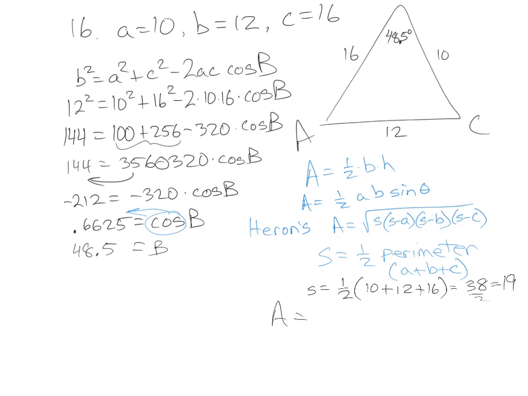Half of 38 is 19. Don't forget to take half. So now you put it into your area formula, the square root of 19 times 19 minus little a, which is 10, 19 minus little b, which is 12, and 19 minus little c, 16. Everybody do that calculation, please.